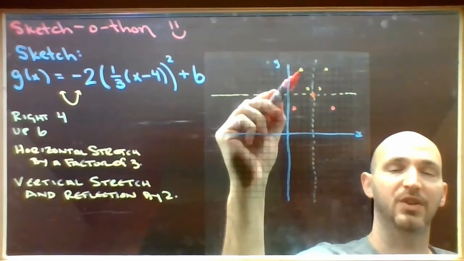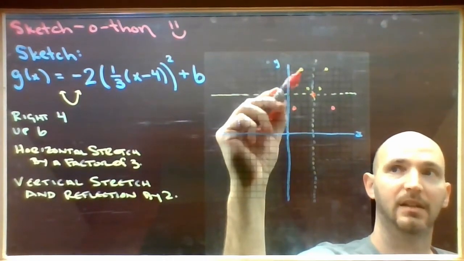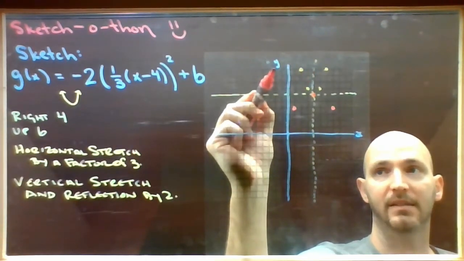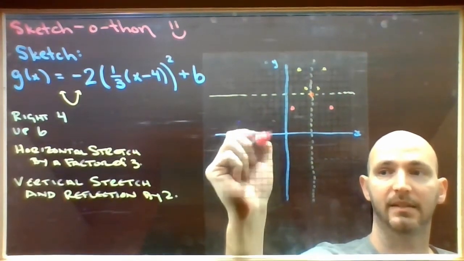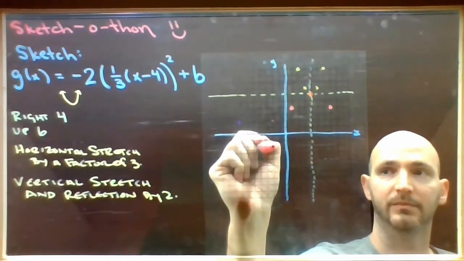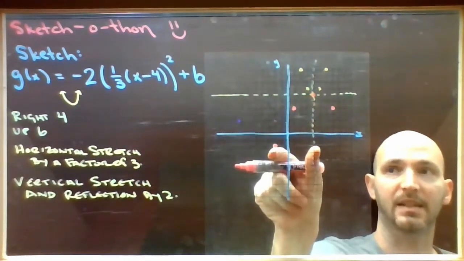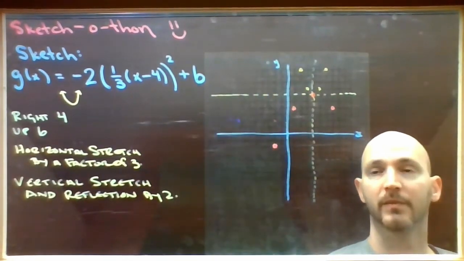This dot is 2 away from the y-axis and 4 away from the x. Thrice this would be there at 6. Reflect it, and then double its height to here. So instead of 2, I'm 6, and instead of 4 above, I'm 8 below.